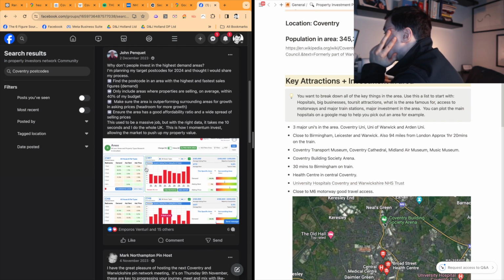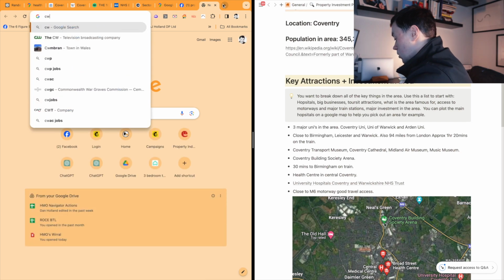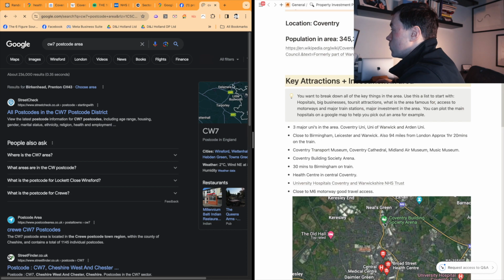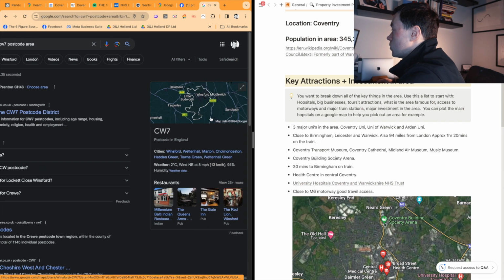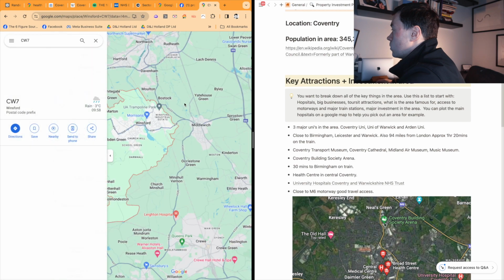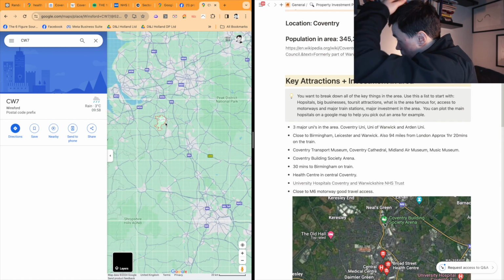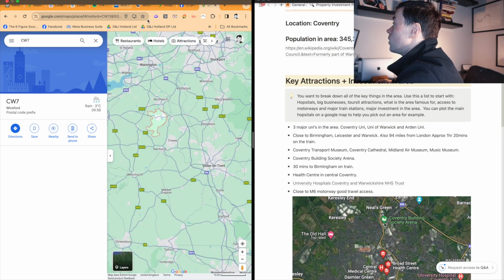So we've got CW7. Let's have a look at that then. CW7 postcode area. That is nowhere near Coventry.